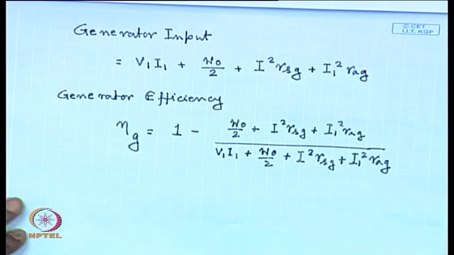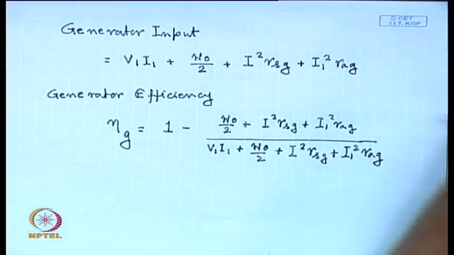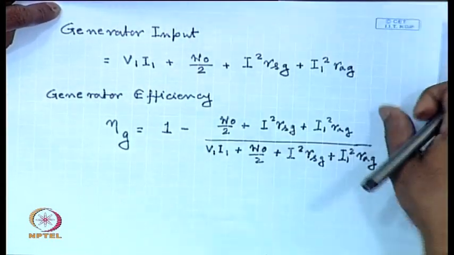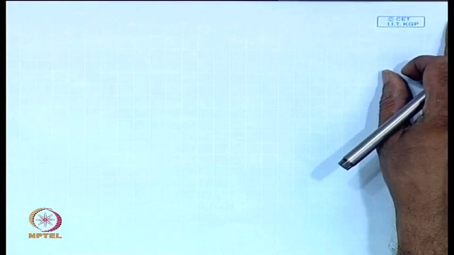So, this is how we can find out the losses and efficiency of the individual machines from field test. Let us look at an example to see how exactly this is done.